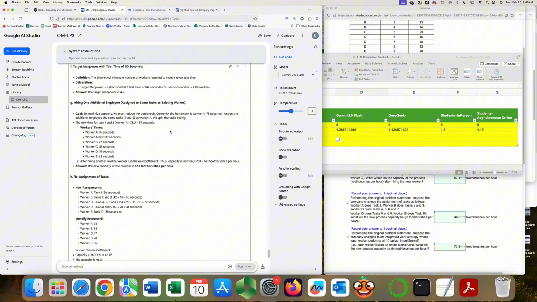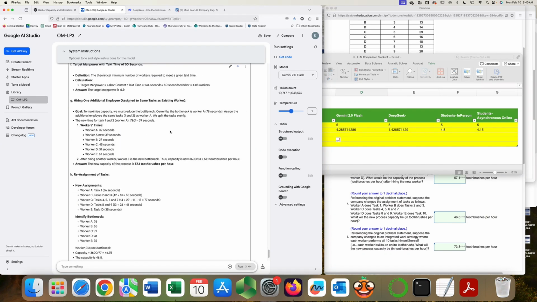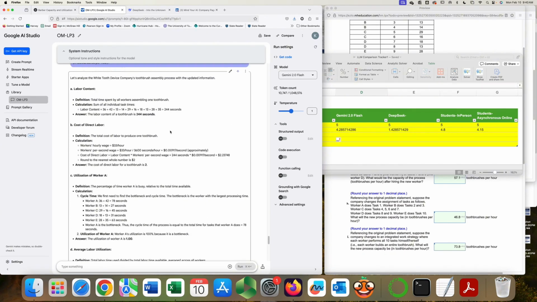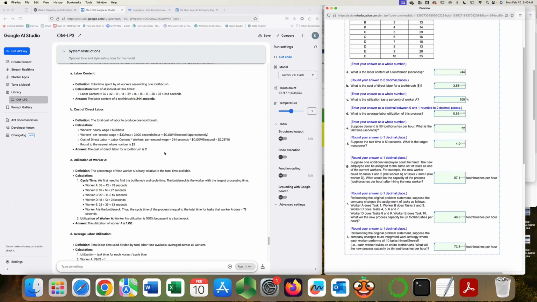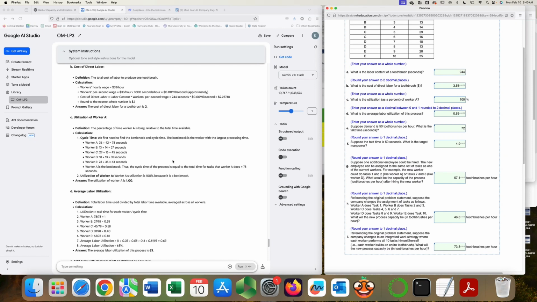Let's look at Google Gemini 2.0. I like the content and explanations. So the labor content is 244, and then it messed up again with the cost of direct labor. I would say if I give some context with the assumptions on the cost of direct labor, it probably will do a better job.